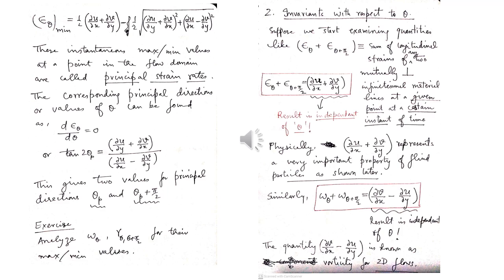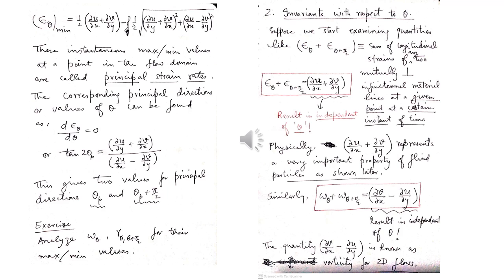Okay, so this is one property related to maximum and minimum values. The second, again, very peculiar and interesting property of these local deformation rates and rotation rates is what we call invariance with respect to theta.